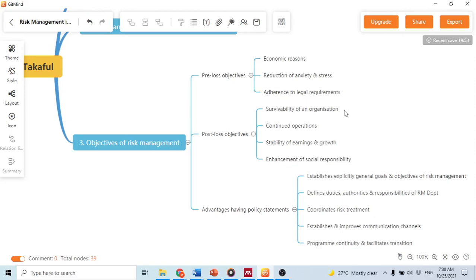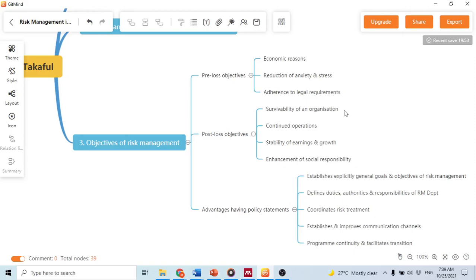If they did not have a proper risk management plan with the objective of ensuring the survivability of the organization, of course they would stop broadcasting after the occurrence of the risk.